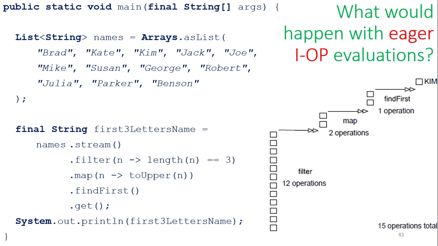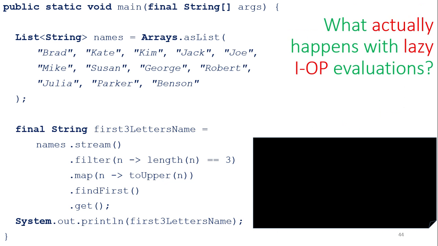But that's not actually what the Java Stream API does for us. Instead, the Java Stream API uses lazy evaluation for its intermediary operations. So if we run this code, including the System.out.println that we added just for debugging purposes, this is what we're going to get on the console. Getting length for Brad. That means that the length method, called as part of our filter, has been called on the first element.